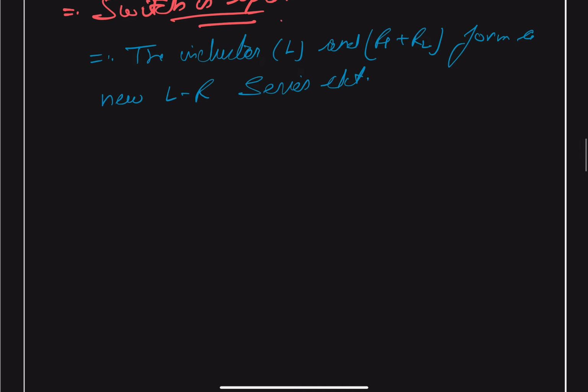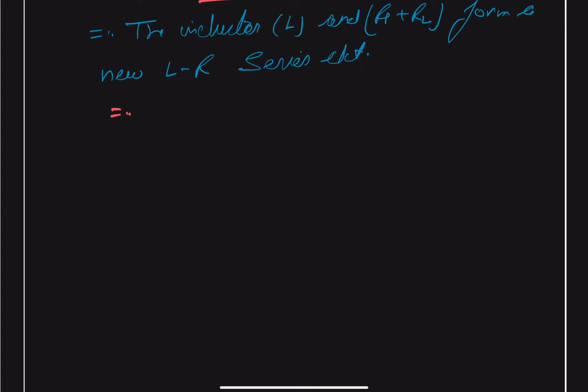And once again, the inductor will resist the change. So the current that was flowing through the inductor was 6 ampere.